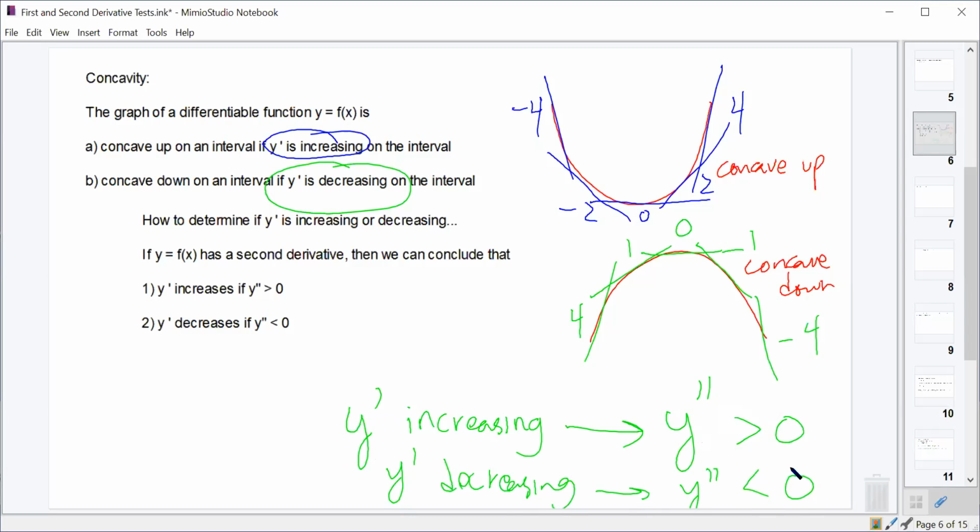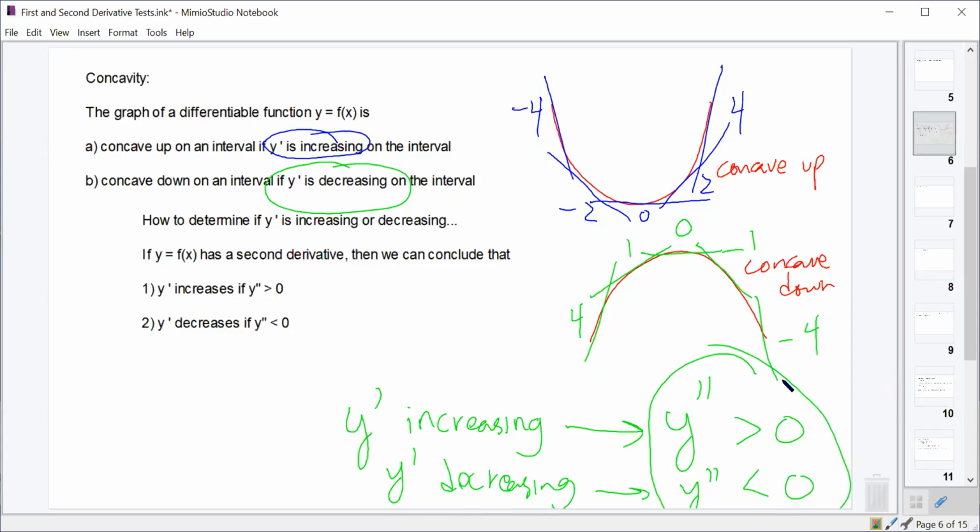And so we should be able to use a second derivative test here to tell us when the function is concave up and when it is concave down. Anytime our second derivative is positive, that tells us that the derivative is increasing, which tells us that the function is concave up. Anytime the second derivative is negative, the derivative is decreasing, and the function is concave down.